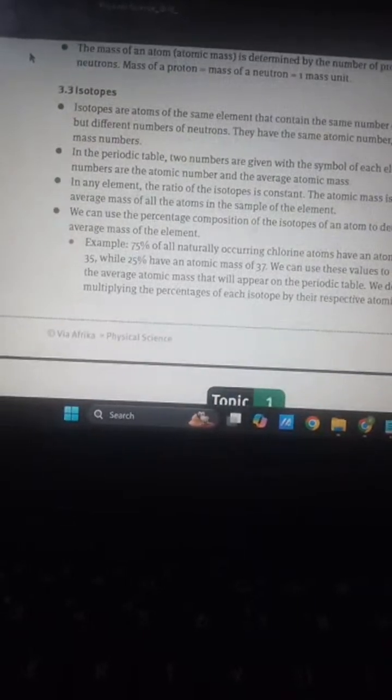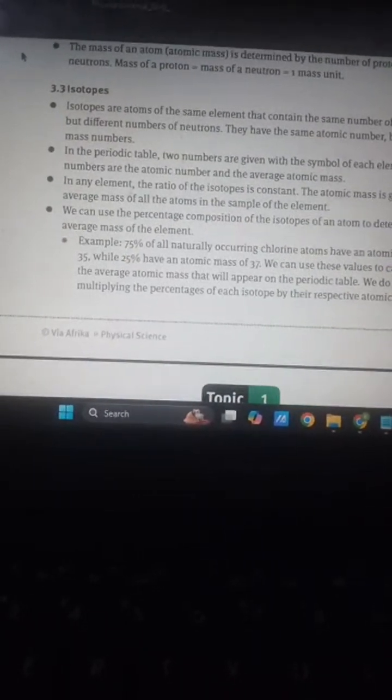Isotopes are atoms of the same element that contain the same number of protons but have different numbers of neutrons. They have the same atomic number but different mass numbers. In the periodic table, two numbers are given with the symbol of each element: the atomic number and the average atomic mass.